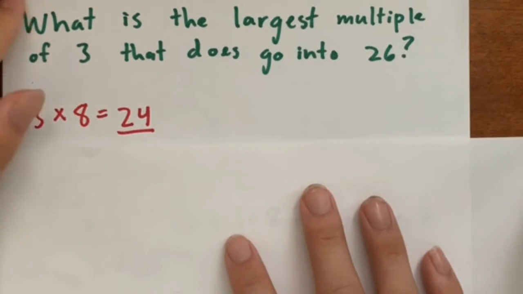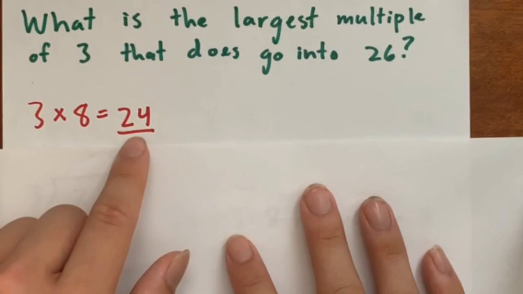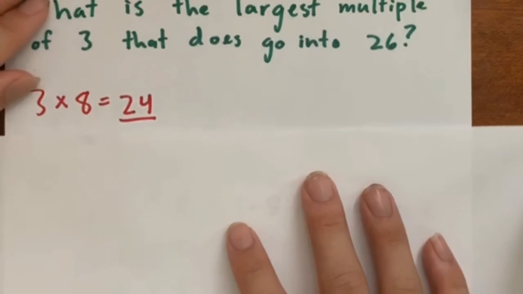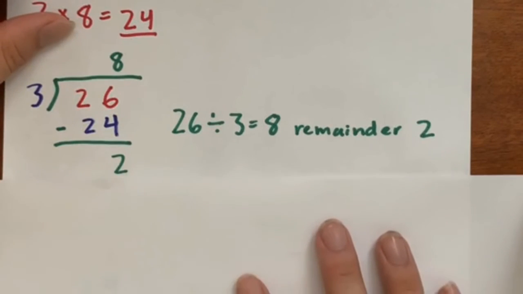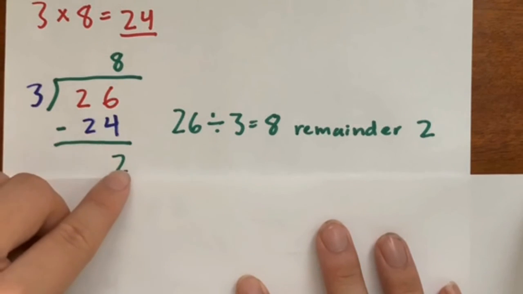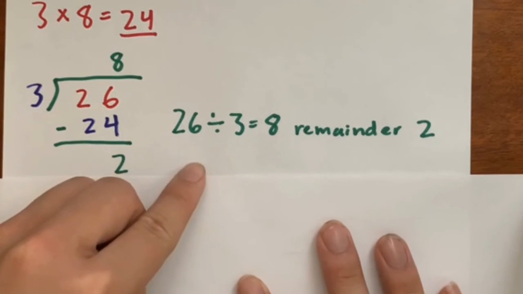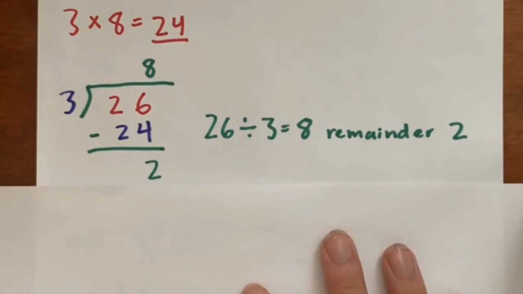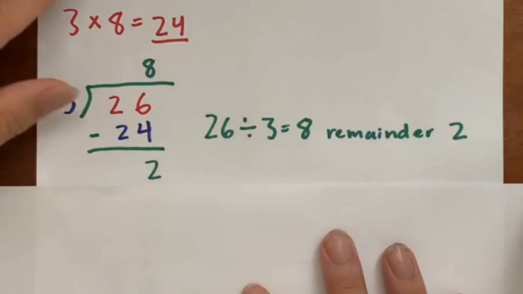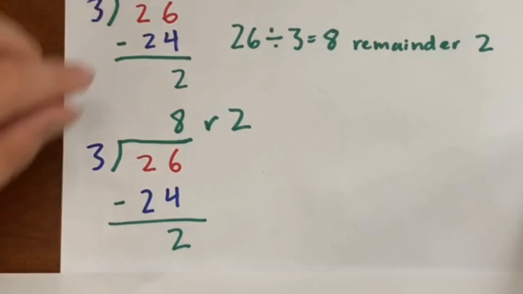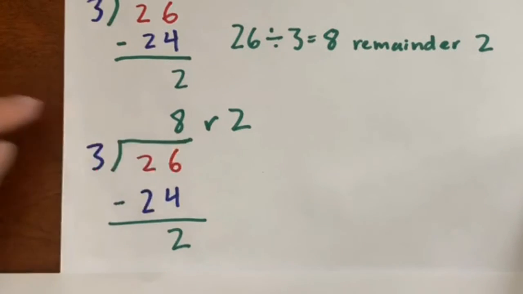That would be 3 times 8 is 24, because it is as close to 26 as we can get without being greater than 26. So we put the 8 on top, and we do 26 minus 24 to get 2. That means 26 divided by 3 equals 8 with a remainder of 2. So there's 2 left over, and 3 cannot go into 26 a perfect amount of times. This is how you would write it with the long division notation.